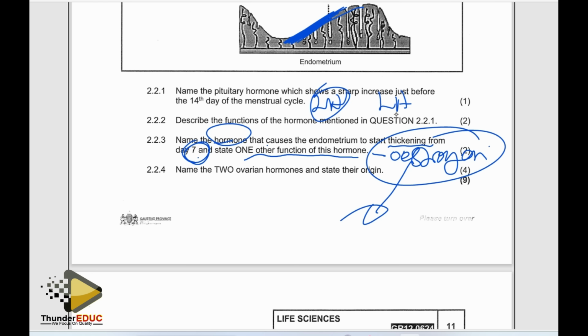They're saying the second function here is what? The second function is puberty. We say that it controls puberty. Secondary sexual characteristics. If you talk about boobs, we don't call them boobs, we call them mammary glands. You can talk about your voice, the way you are talking.